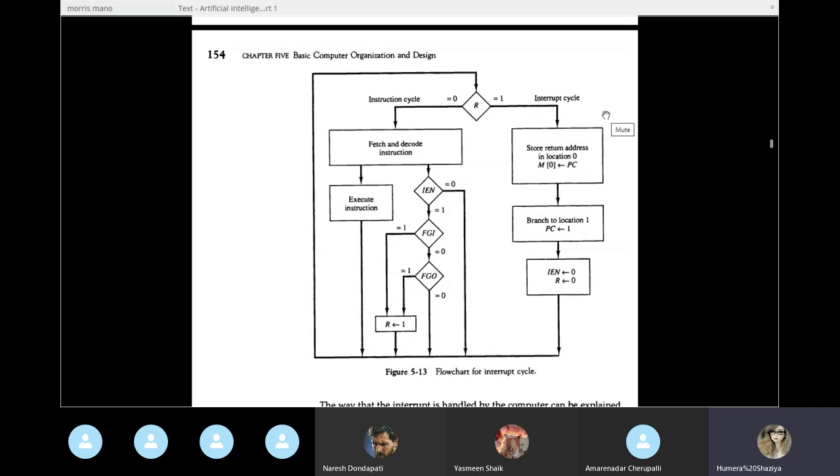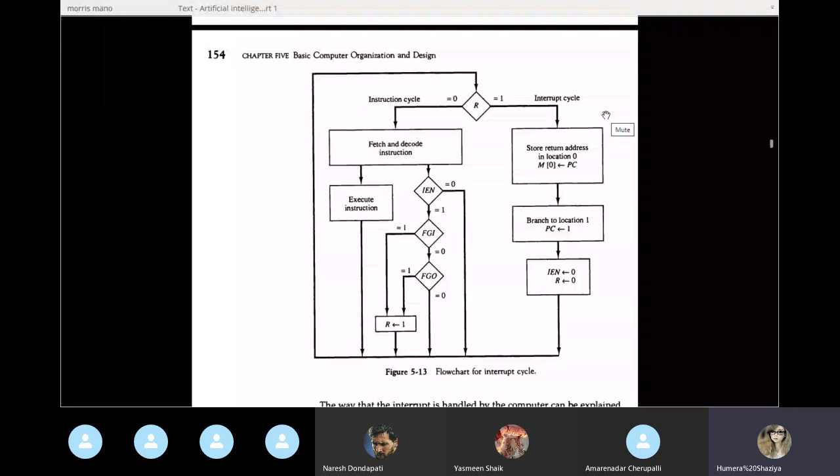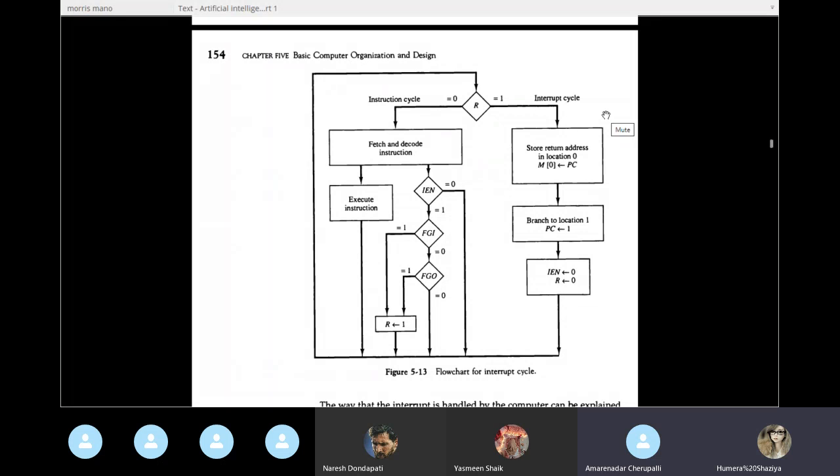Suppose a CPU is performing some operation, and during that operation the user enters a value on the keyboard, 3 or 4 or something. Then the processor has to take the value from the keyboard through the keyboard interface, from the input register into the accumulator.